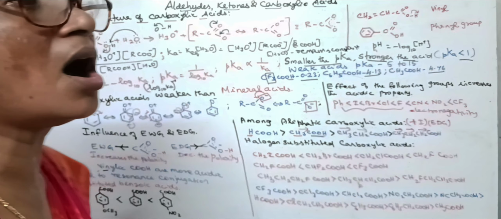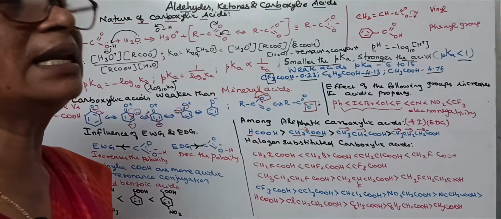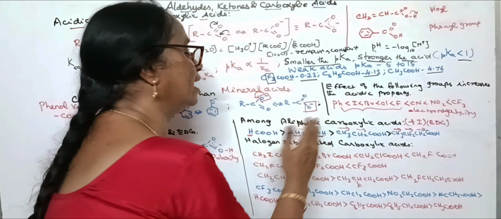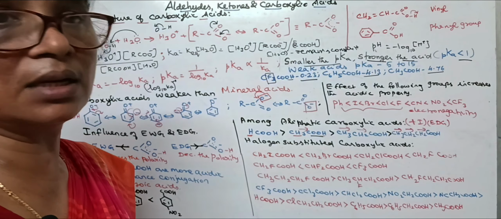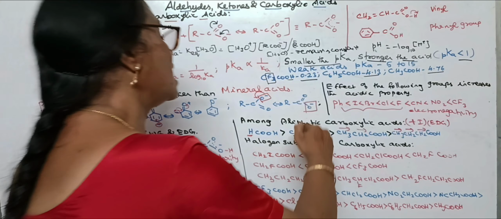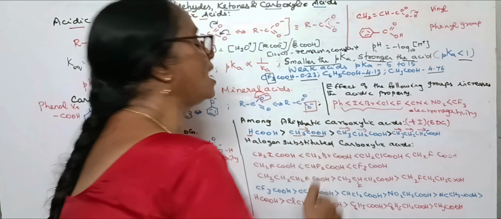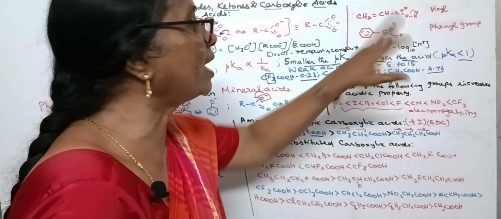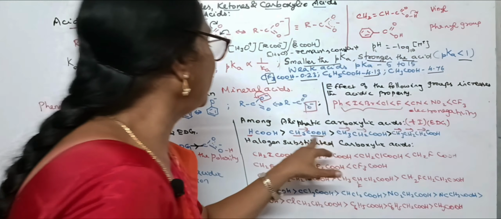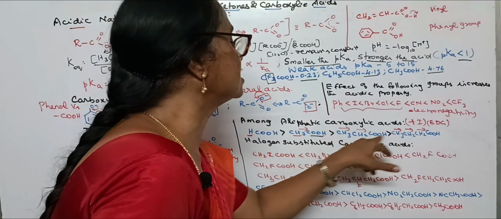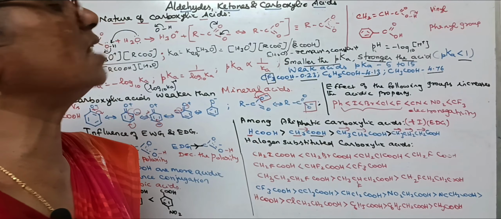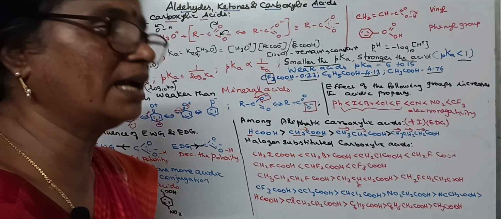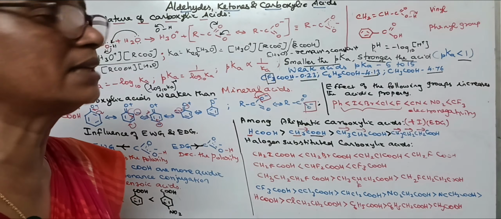The stability of the carboxylate ion decreases as it releases electrons towards the carboxyl group, and hence the pKa of acetic acid will increase, because the smaller the pKa, the stronger the acid. So the presence of a plus I group increases the pKa value and hence decreases its acidic nature.